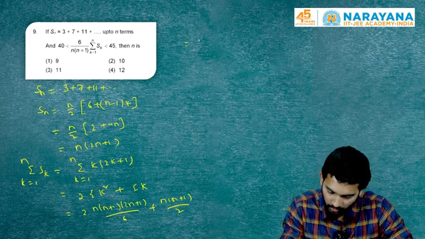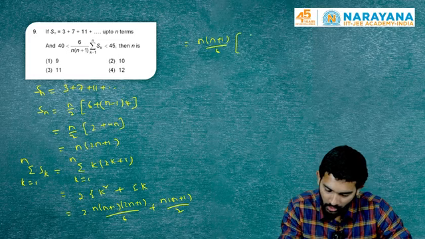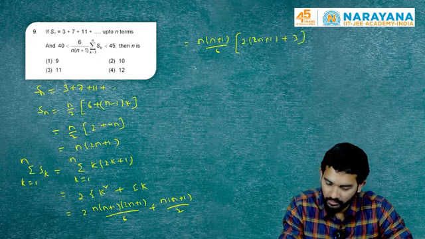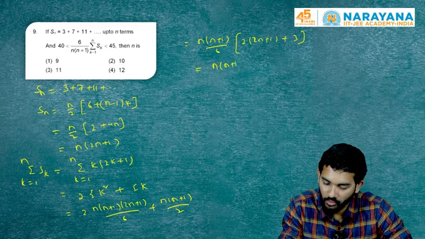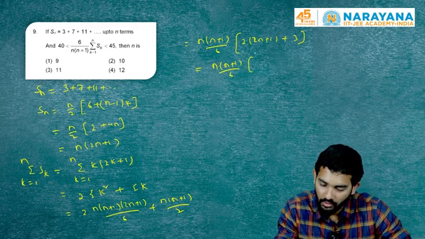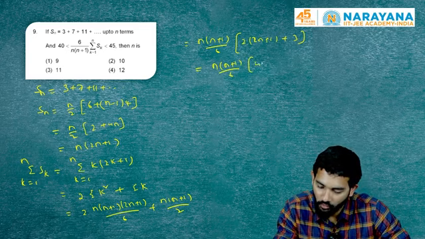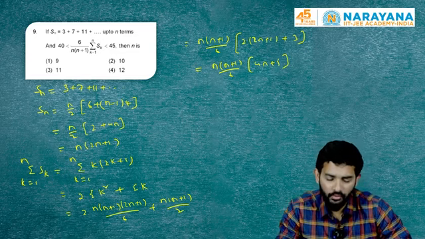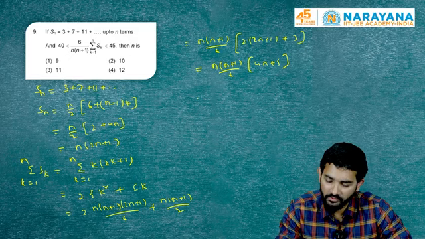Taking n into n plus 1 by 6 common, I'll get 2 times 2n plus 1 plus 3, which will be n into n plus 1 by 6 into 4n plus 5. Now if you multiply this with 6 times 1 by n into n plus 1, this will cancel.